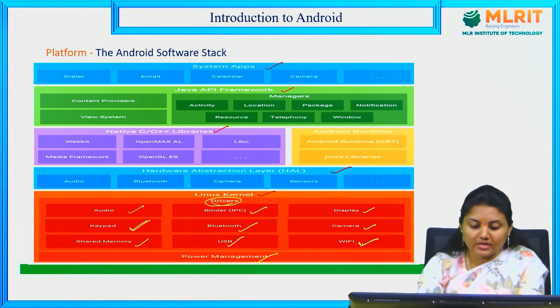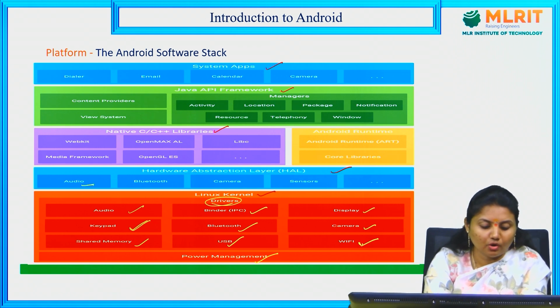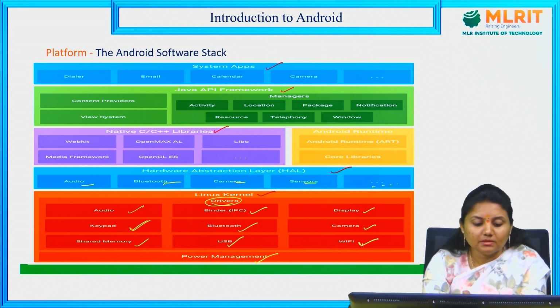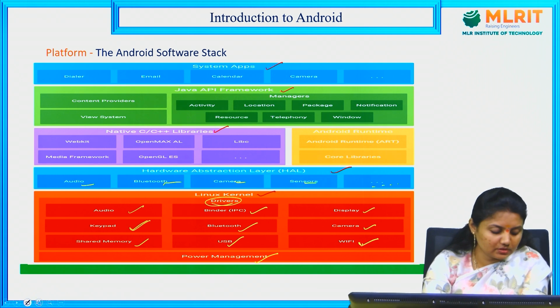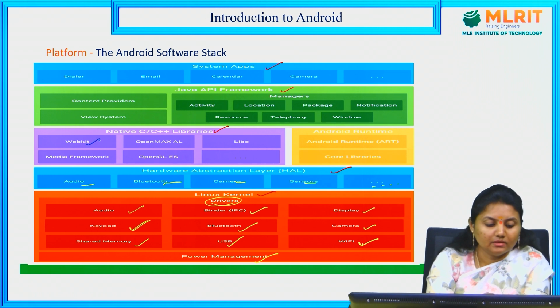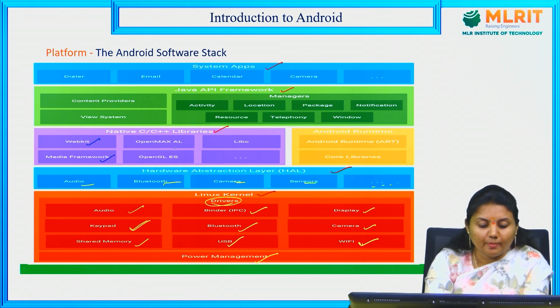Similarly, in the hardware abstraction layer, if you see, we have audio, Bluetooth, camera, sensors, whatever external peripherals we connect, and native C, C++ libraries. So here, if you see, the different C, C++ libraries are WebKit, Media Framework, OpenMAX AL, OpenGL ES.